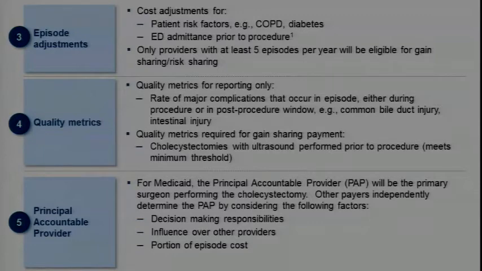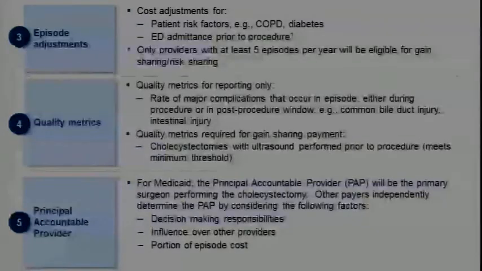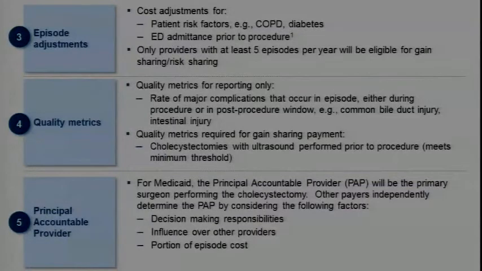They're cleared from the cardiac exam, and then it's determined that they have gallbladder disease, and they're recommended for a cholecystectomy. So in those instances, we want to make sure that the provider is not being held accountable for those extraordinary costs of the patient having come in through the ED and having been admitted to the hospital.